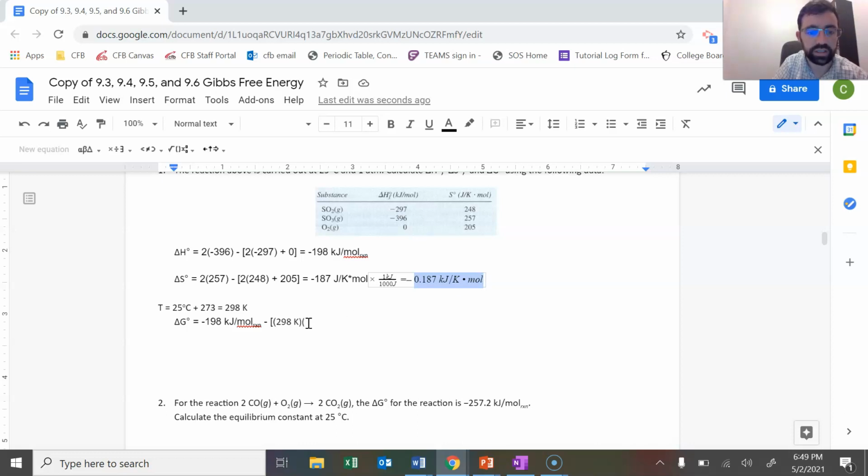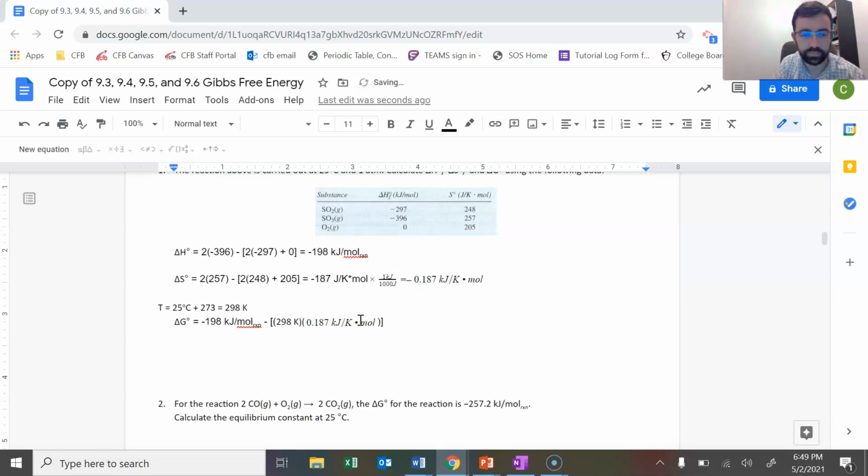And remember, we converted to kilojoules because we have to have the same units to get a good answer. Then we could put this in our calculator. Just plug and chug: negative 198 minus, start your parentheses, 298 times 0.187, and we end up with negative 253 kilojoules per mole of reaction.